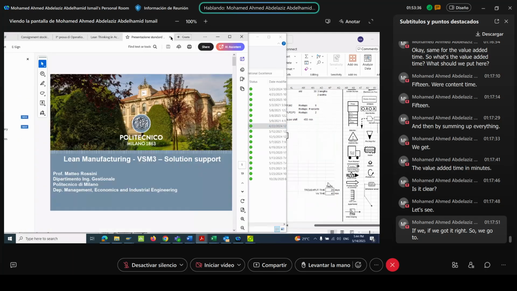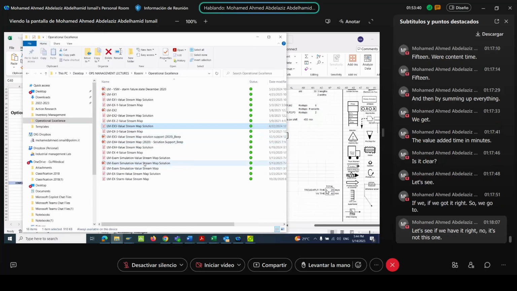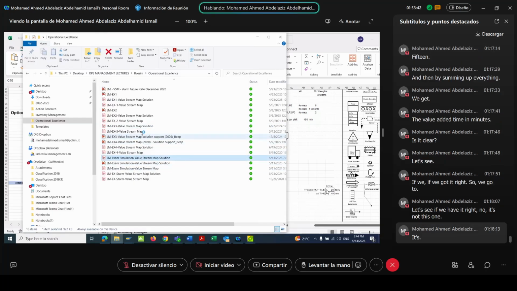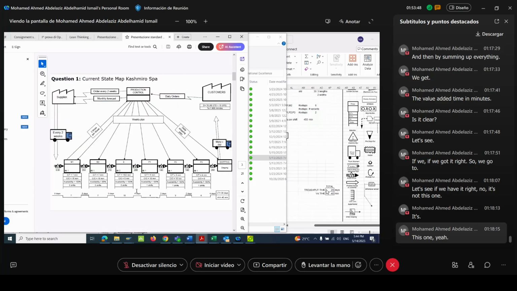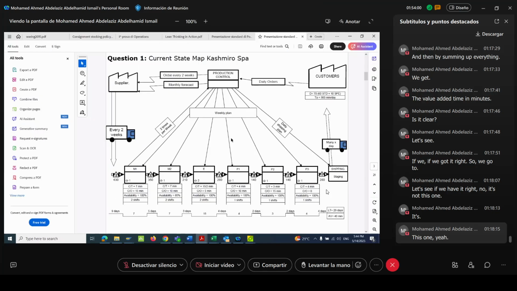No, it's not this one. It's this one, yeah. Okay, we got it right. So we got the throughput 29 days, and we got the value added time equals to 40 minutes, which is correct.